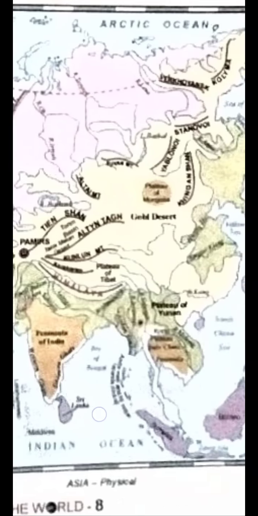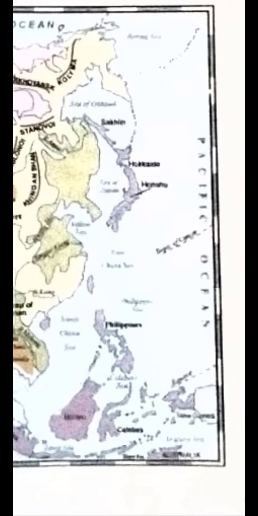Islands. There are many groups of islands in Southeast and East Asia. Many of them form island countries. 2 Southeast Asian nations, Indonesia and Philippines, have more than 20,000 islands.